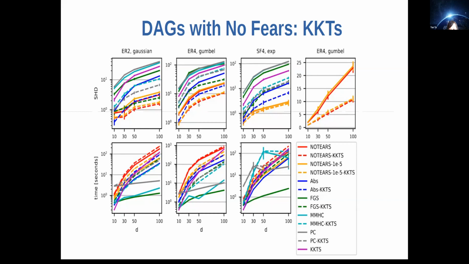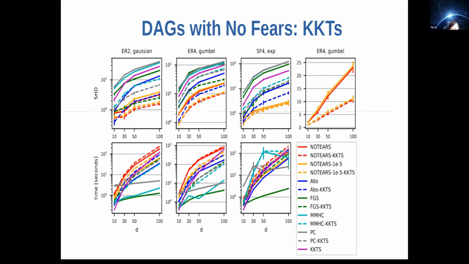Each of the solid lines is the original method, the prediction method, and the corresponding dashed line shows the results modified by post-processing with our KKT. Firstly, we can see that for each of the methods, KKT can improve the accuracy by around one order of magnitude. That means we can even get much better accuracy than the state-of-the-art method.